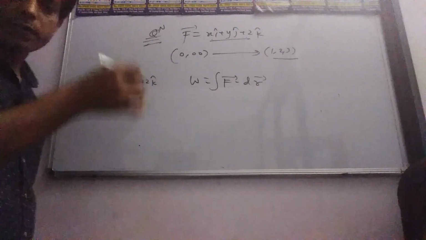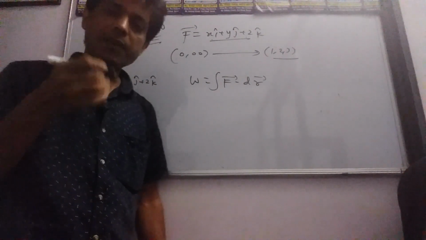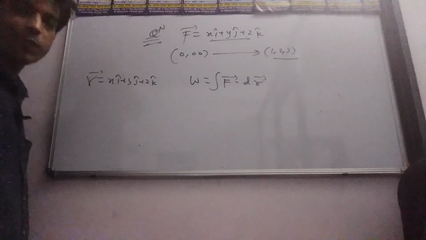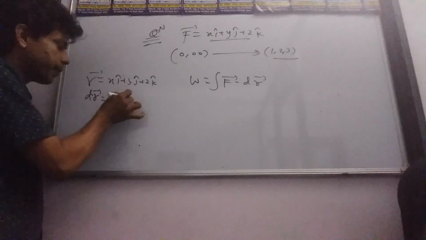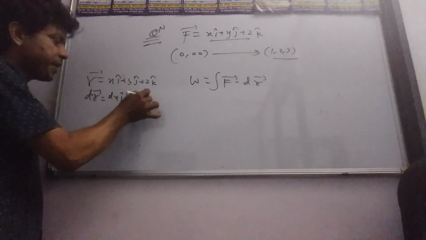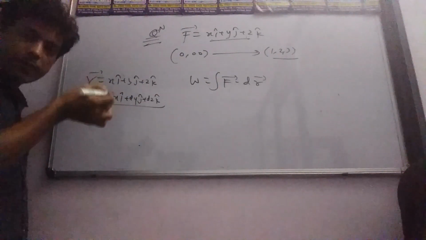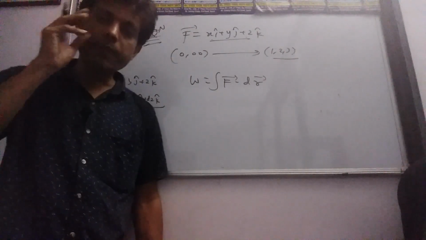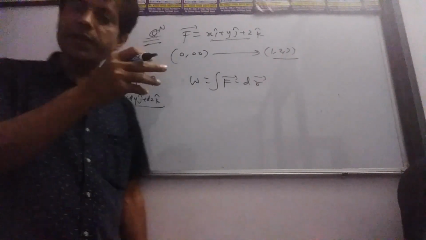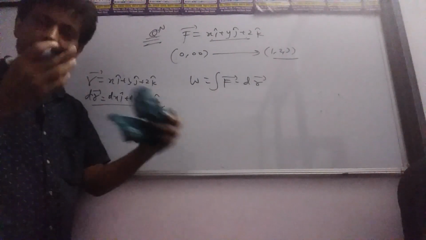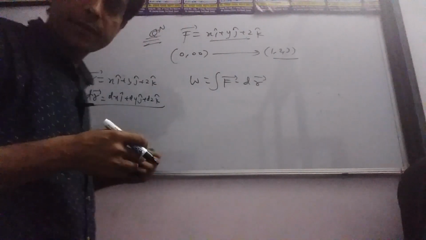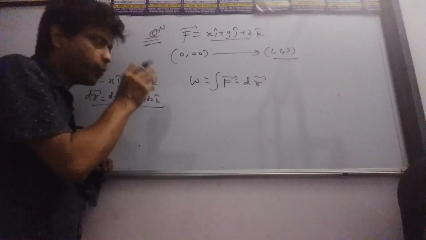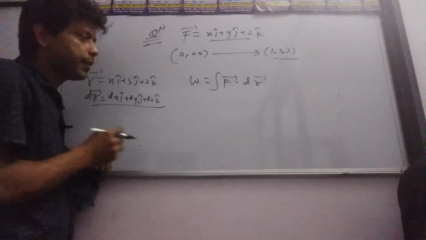Whenever the force is in terms of x, y, z, it means it is a variable force, and dr is equal to dx i cap, dy j cap, dz k cap. So whenever you are using F dot delta S or F dot ds or F dot dr, everything has a certain meaning, certain logic, right? This is the important point of this topic.